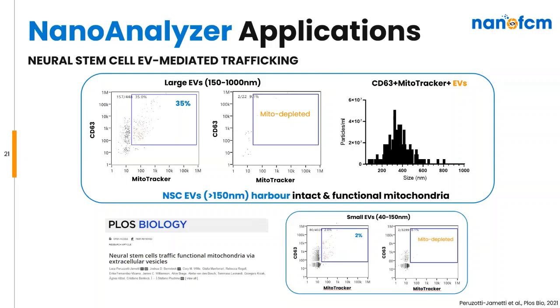So this suggests that the larger EVs are capable of harboring intact mitochondria. So this really is an exciting find that actually might pave the way to the development of novel EV-associated approaches to restore mitochondrial dysfunction in degenerative neurological diseases.